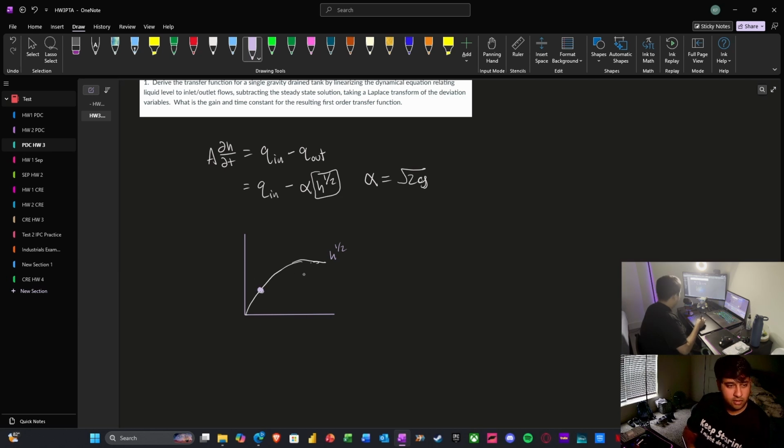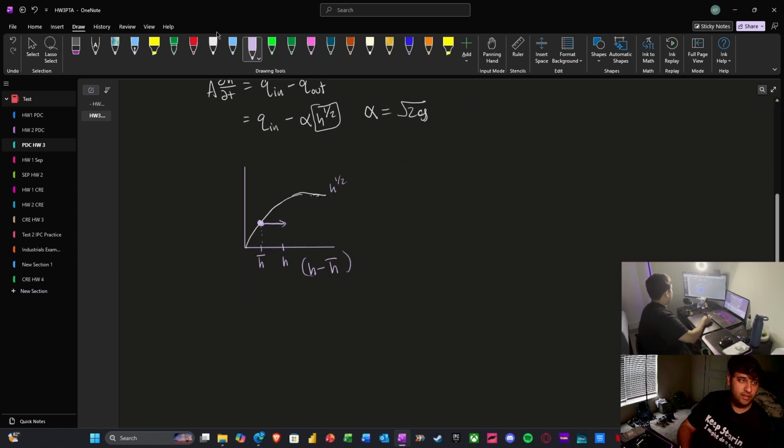I know it's terribly drawn, but we're going to have h bar here, and we're going to have h. And if we're moving in this direction, we want to take the slope at the point right here. So we're going to define this as h minus h bar.